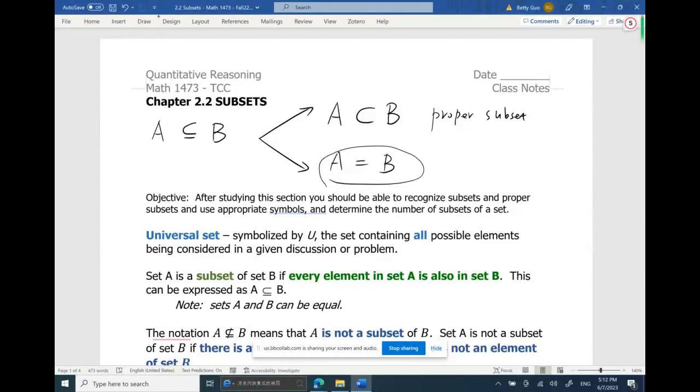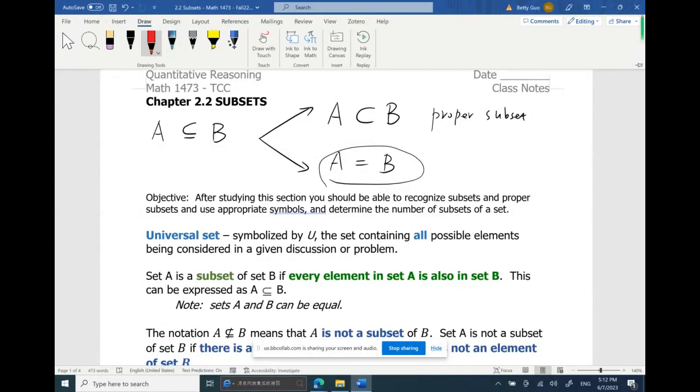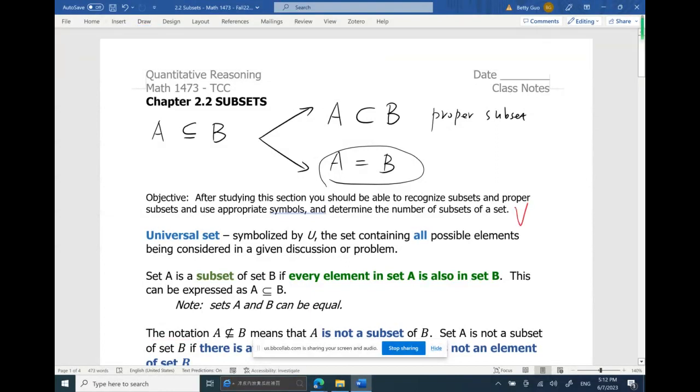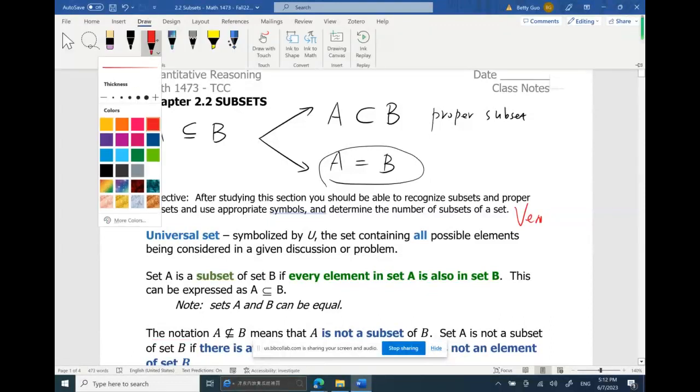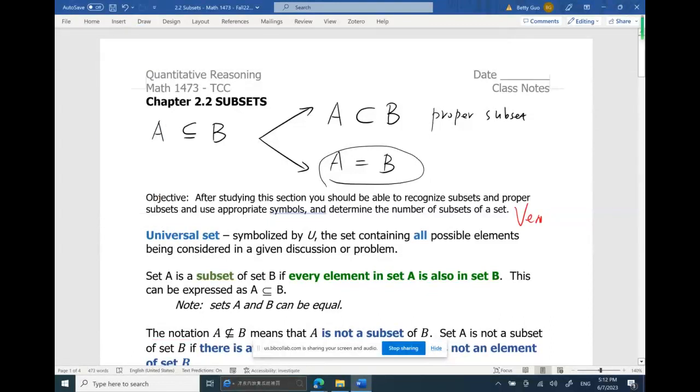That means if we use a Venn diagram, the Venn diagram is a very efficient tool to study set theory, V-E-N-N. Then we can use this relationship to represent proper subset.